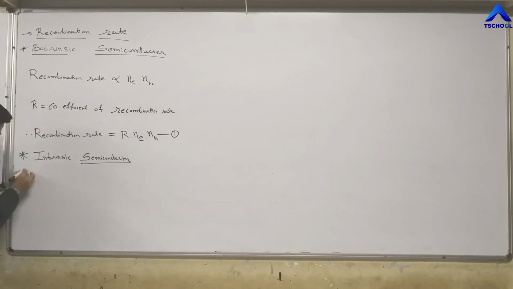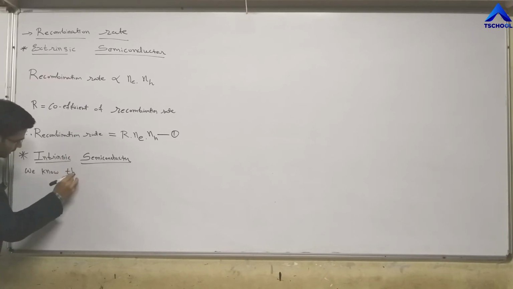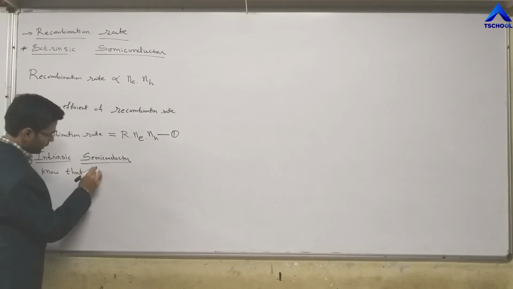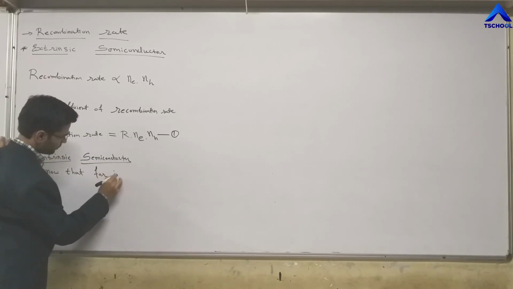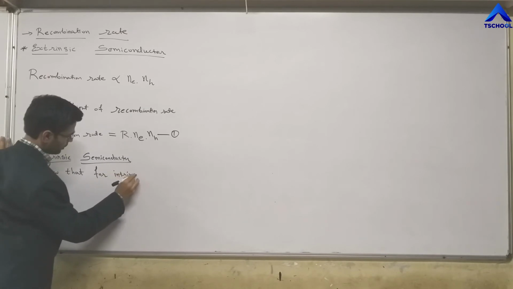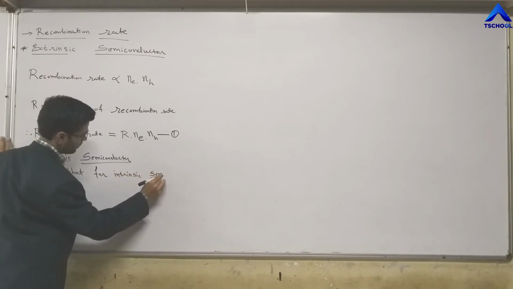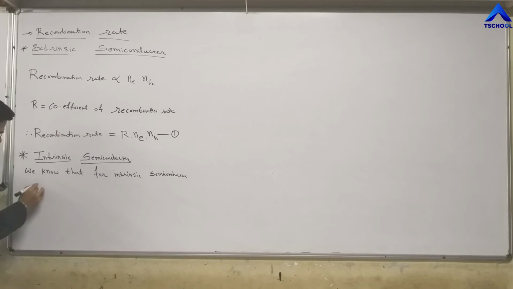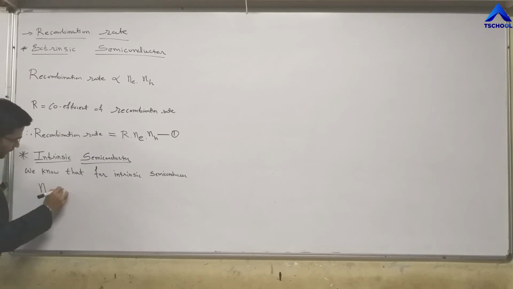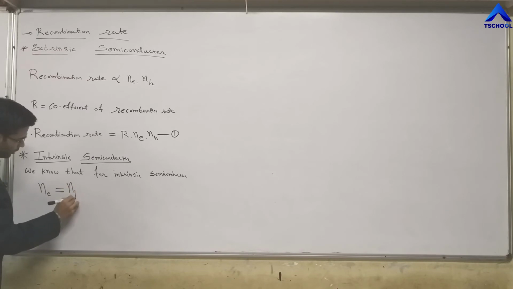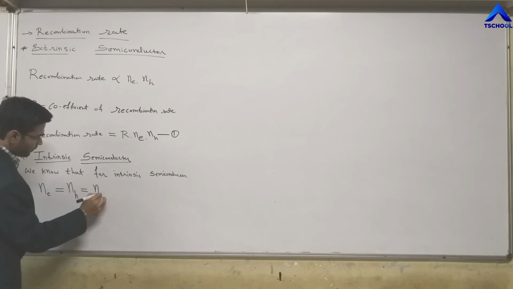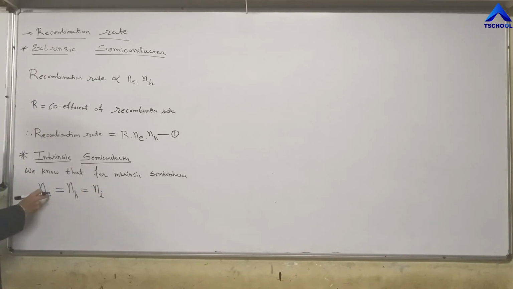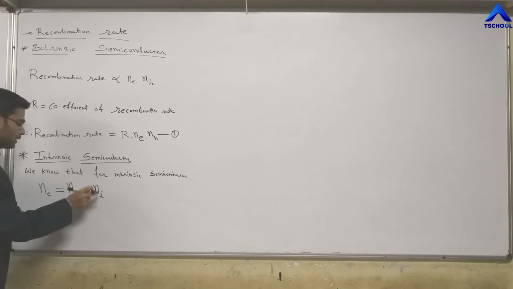We know that for an intrinsic semiconductor, the number density of electrons is exactly equal to the number density of holes, which is equal to the intrinsic number density, represented by Ni. So Ne is equal to Nh is equal to Ni.